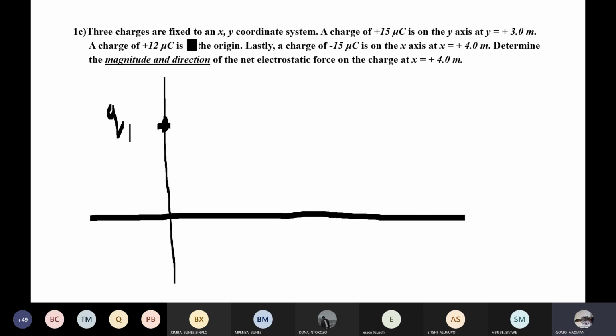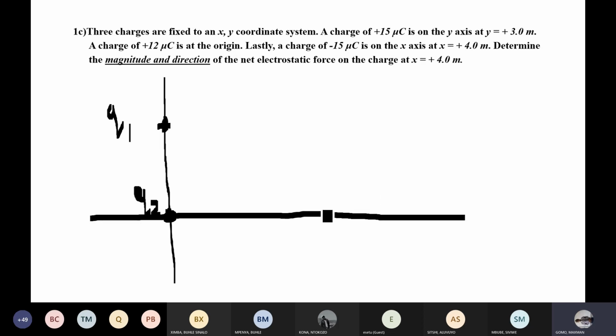Then they went on and say a charge of 12 microcoulombs is at the origin. So you have another charge here, and you're going to call that probably Q2. Q2. And then they went on and say, lastly, a charge is on the x-axis at x equal to 4.